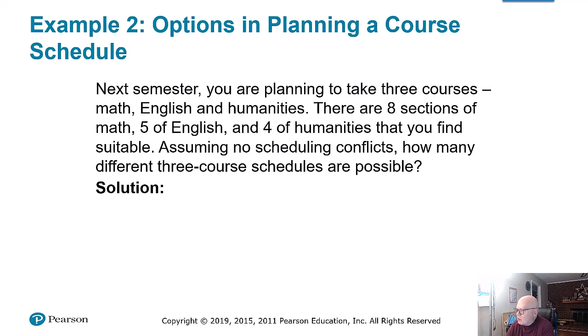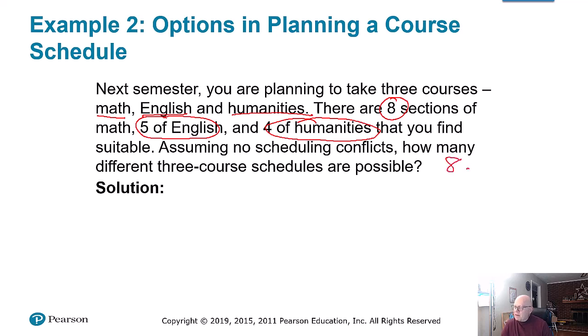How many ways can you put a schedule together, assuming there are no conflicts at all? So the 8 times 5 times 4. You've got 3 groups, so you need to have the number of items in each group, multiply those numbers together, and you can have 160 different ways of creating a 3-course schedule for next semester.